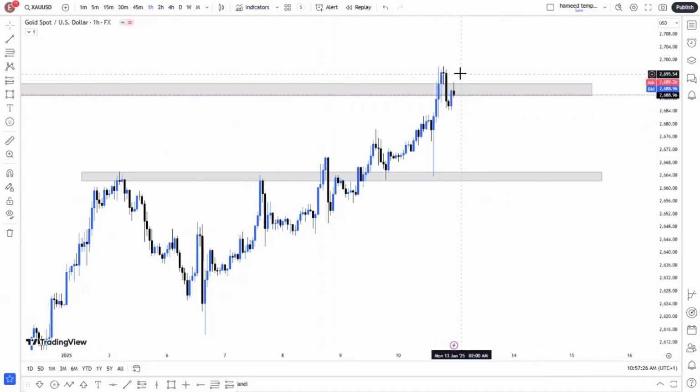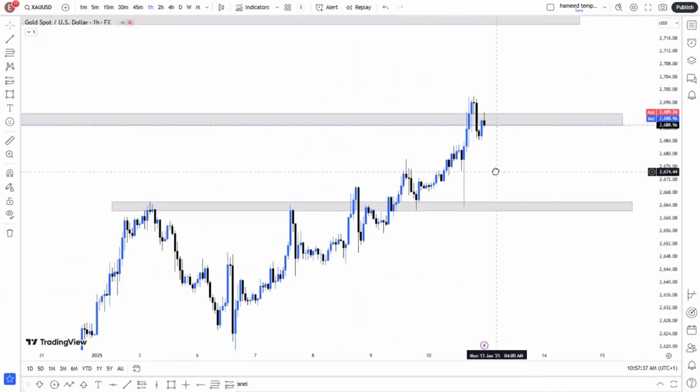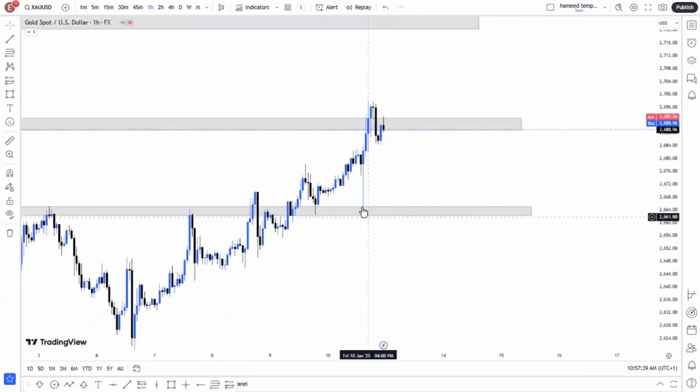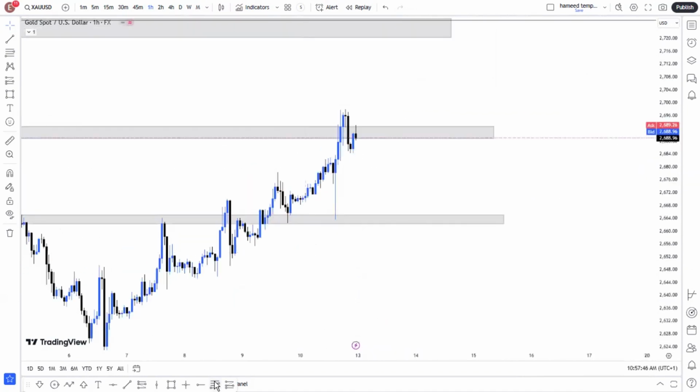But what should we be expecting? I'll be waiting for this price to move down a little bit, because I think this move was caused by NFP. So I'll be waiting for this price to come here.